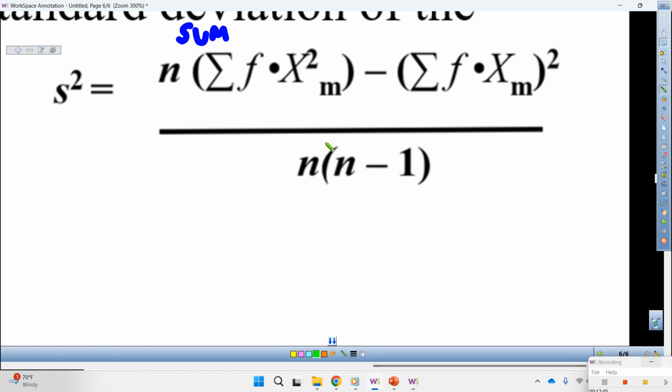What does that mean? Midpoint what? Squared. That is correct. Frequency times midpoint squared. And this portion is just frequency times midpoint.